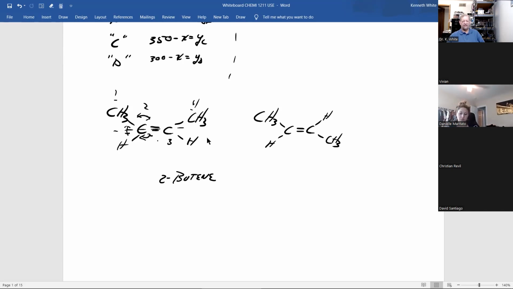But you look for 2 atoms or 2 groups that are the same, one on each carbon, and notice the hydrogens are on the same side below that dotted line, the plane, and we call same side cis. So that would be cis-2-butene. This is a double bond, 4 carbons, on carbon number 2 either way you count it, that's 2-butene.